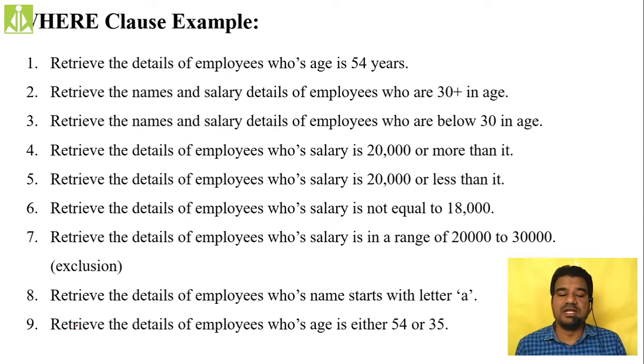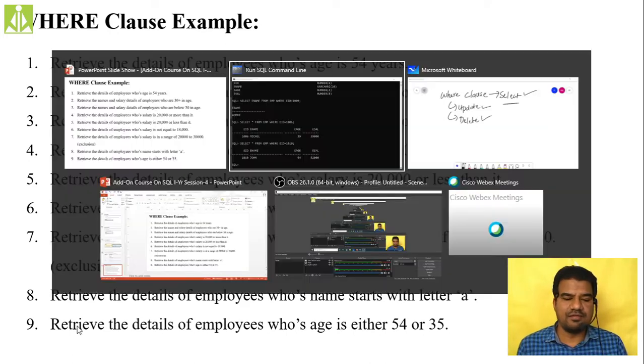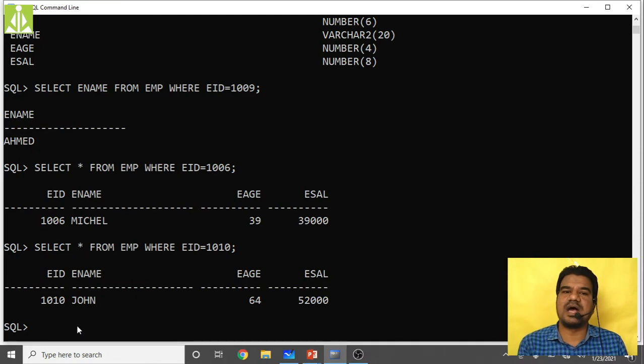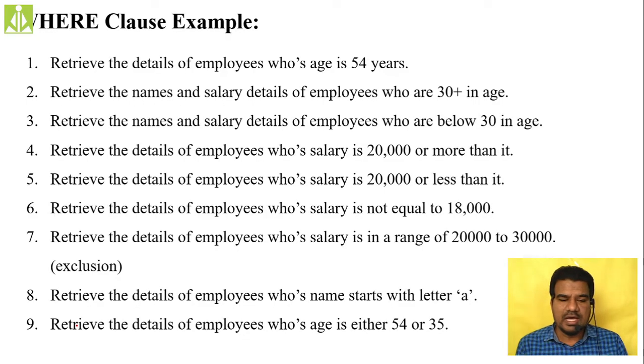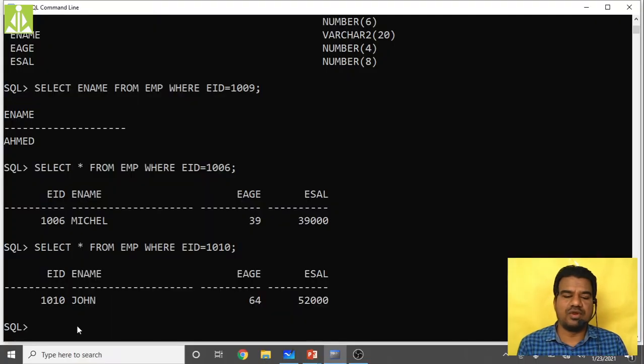Retrieve the details of employees whose age is 54 years. Retrieve the details, in the sense all details we are retrieving. Whenever we are saying details, you have to put star in the fields. So how can we do that? Select star, since we said not specific but all the details.